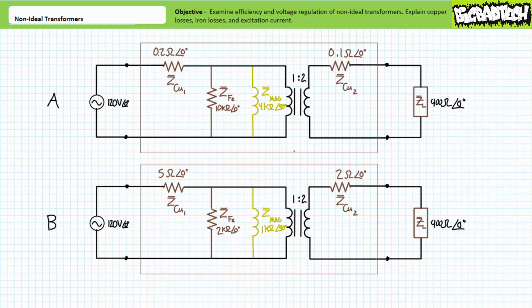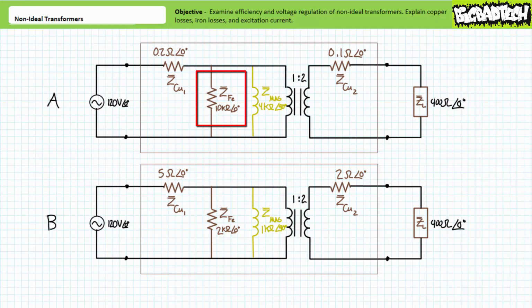The answer to this question is quite obviously Transformer A is better than Transformer B because of several easily identifiable properties. First, the windings of Transformer A have less internal resistance than Transformer B, meaning they will experience less of a voltage drop, waste less power, and as a result, the load will experience less of a voltage drop and receive more power.